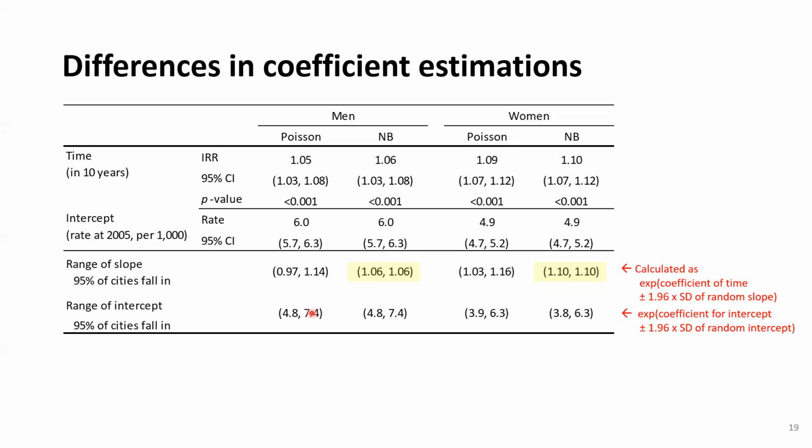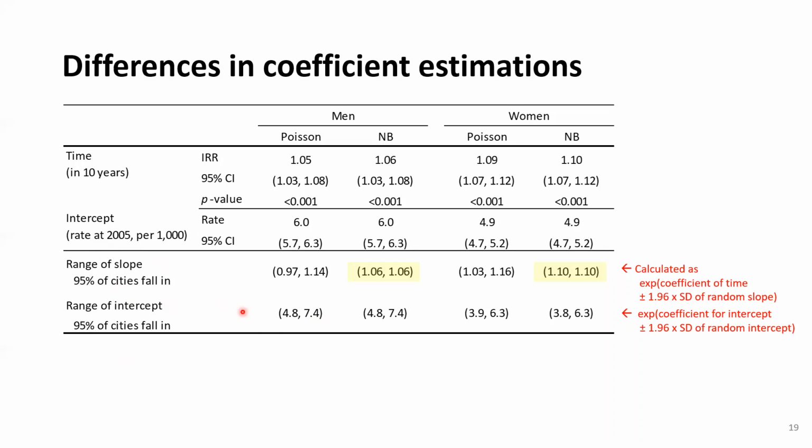Yeah, sure. And for clarification, this one is given from the model, assuming that the random intercept and random slopes are normally distributed. So this is not from the actual data.